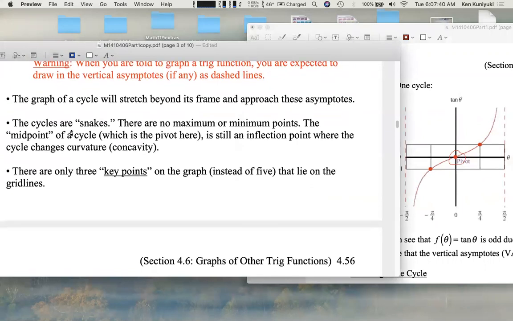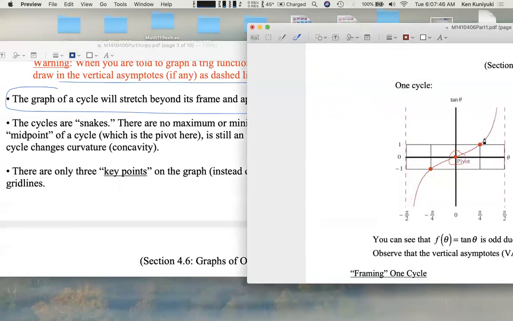Now, unlike for sine and cosine, the graph of a cycle will stretch beyond the frame and approach asymptotes. So sine and cosine graphs were trapped within the confines of the frame. They were waves. But these tangent snakes are going to break out of their frames, and they're going to approach these VAs at the edges.